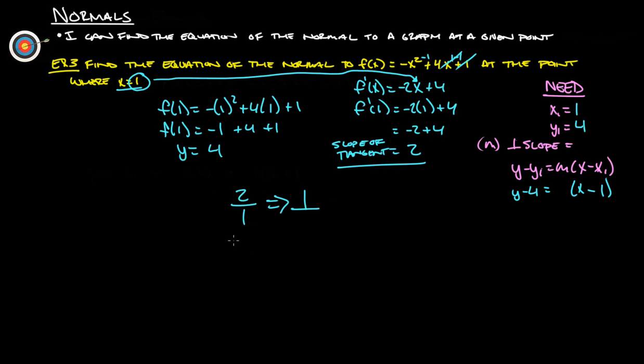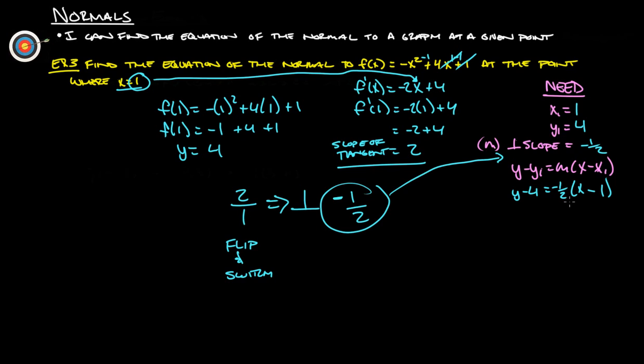But what I like to say is we're going to flip and switch. We flip this over, that's the reciprocal, and then we switch the sign. Right now it is positive 2 over 1, so if we flip that over, that turns into 1 over 2. Since it was positive, it is now negative. This is going to be our perpendicular slope, negative 1/2.